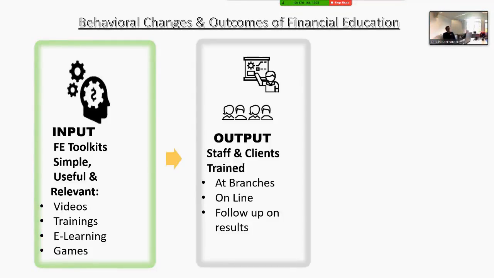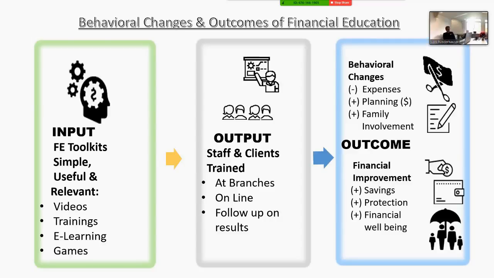As an output, the staff and clients trained at branches or online using digital media can start improving their behavior, and as an outcome, with those behavioral changes regarding less expenses, better planning on how to use the money, more involvement of the family in financial decisions, people start saving more, protect the family, and improve the well-being of the family. So this is the input-output-outcome relation of financial education.